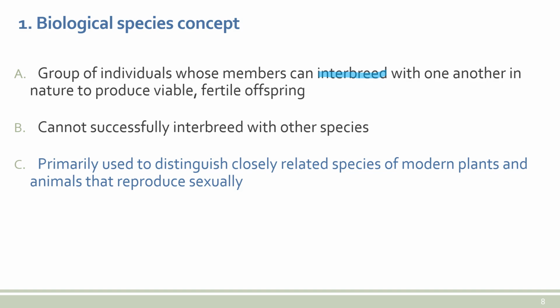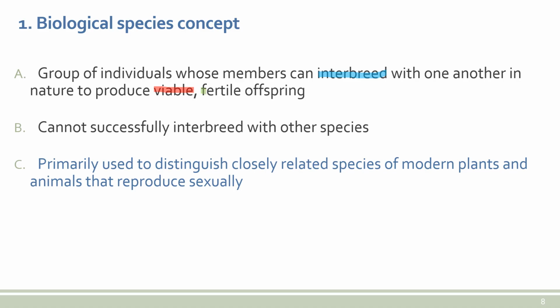And whether or not two groups can interbreed with one another to produce viable, fertile offspring. Viable means basically living and healthy. So do they produce living, healthy offspring?